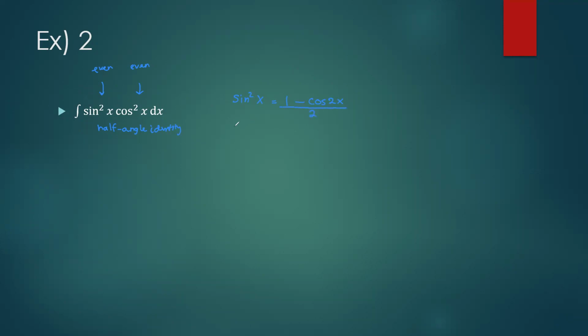And then cosine square of x is 1 plus cosine of 2x over 2. Okay, so what we're going to do is replace sin square of x with this 1 minus cosine 2x all over 2.